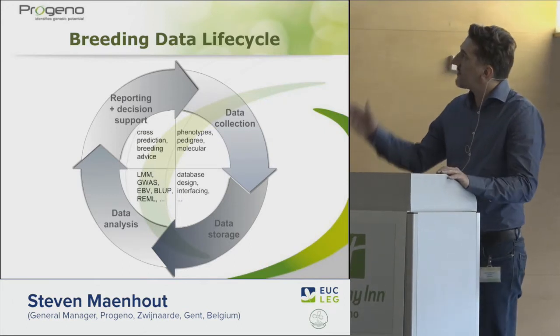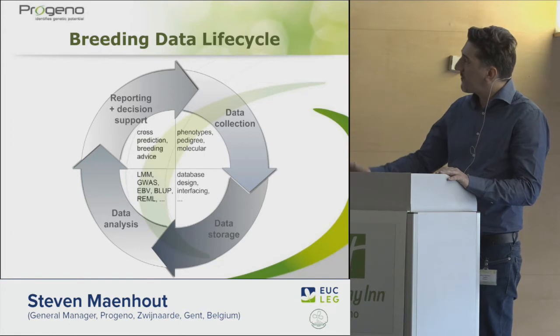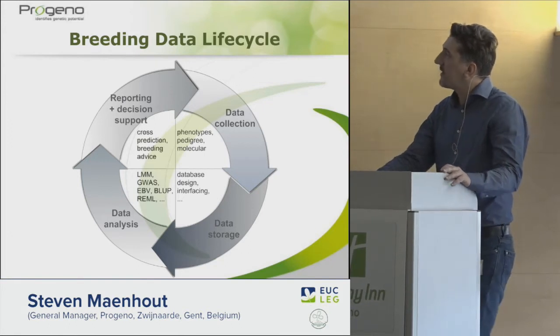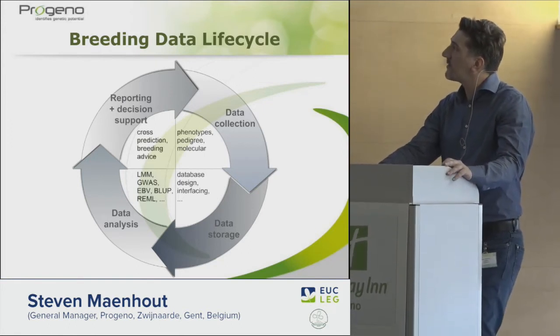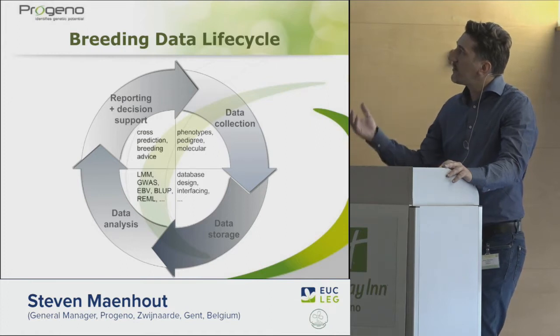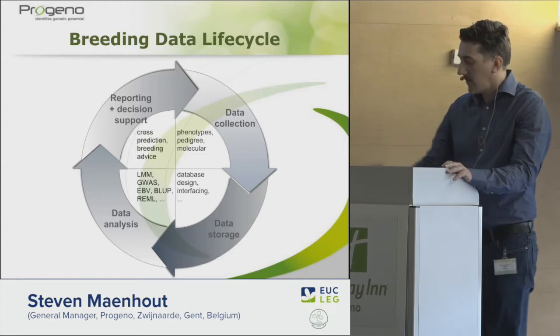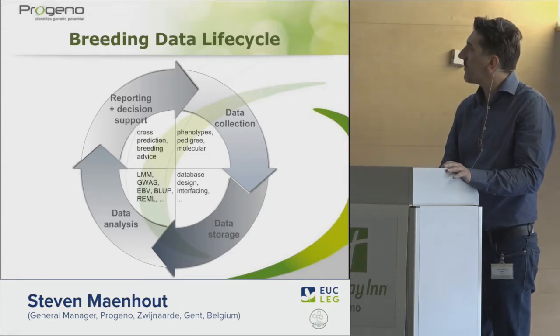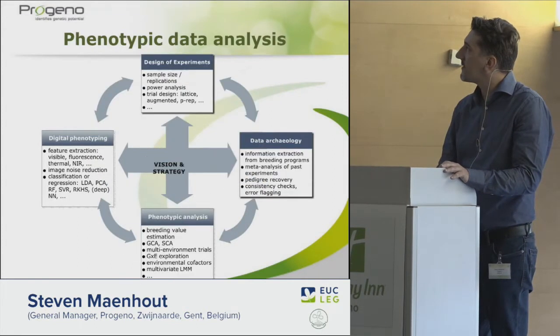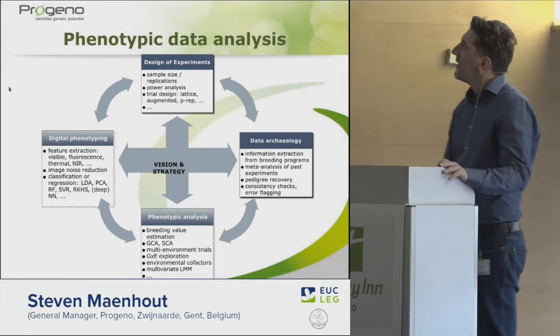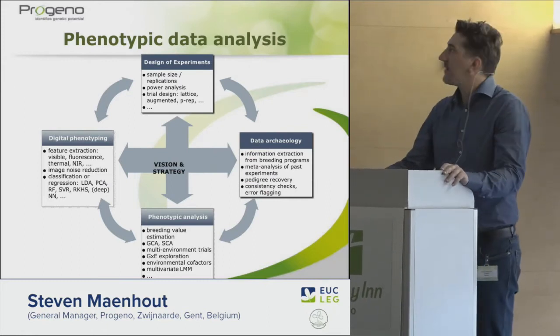You run the analysis, different types of analysis to calculate breeding values, GWAS, whatsoever. And then the crucial part, reporting and decision making. So we're going to focus now on the data analysis part, and more specifically, phenotypic data analysis.